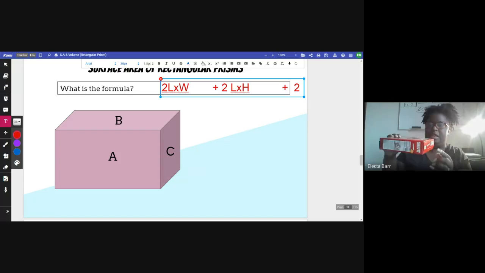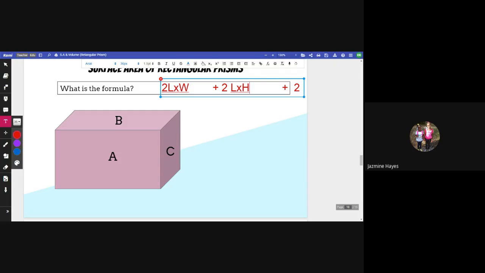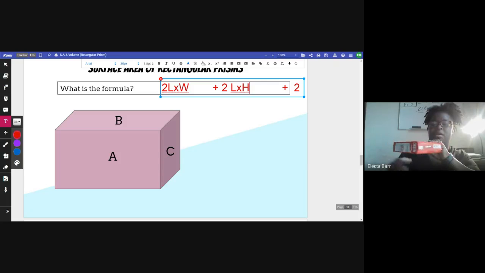Here's my part C. My part C is on the side, which is how wide it is. So I'm going to say that it's the width times how high it is. Notice what I'm saying again. This was the front, so this is how long. But if I turn it, this is saying how wide times how high. How long times how high. How wide times how high.